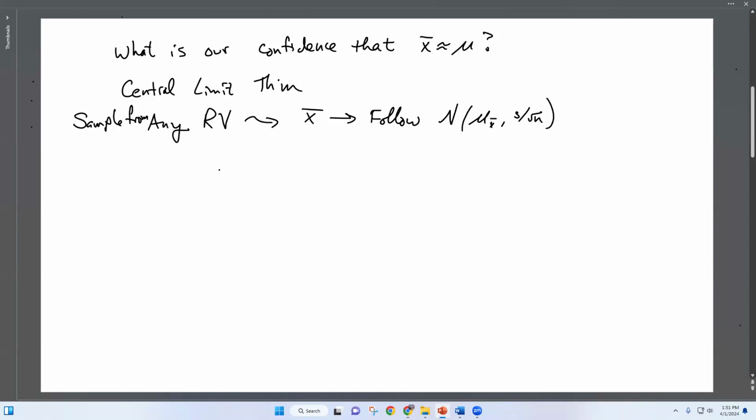It doesn't matter what the underlying population random variable distribution is, the means of those, given a large enough sample that n is greater than 30, should follow a normal distribution.